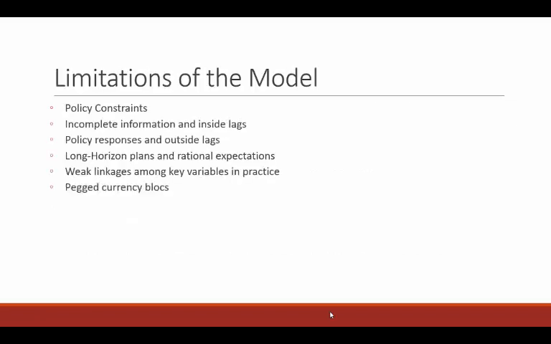It should, however, be noted that the model, though powerful, in practice does have limitations. They include the fact that often there may be policy constraints. If interest rates, for instance, are already at zero, then even though a country may have monetary policy autonomy, there appears to be little to no scope for using monetary policy to stimulate the economy.